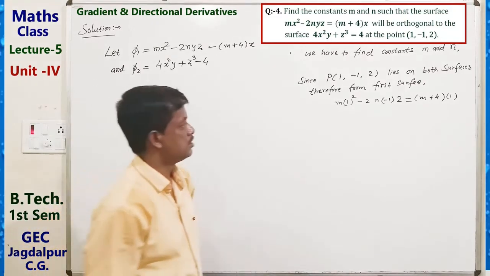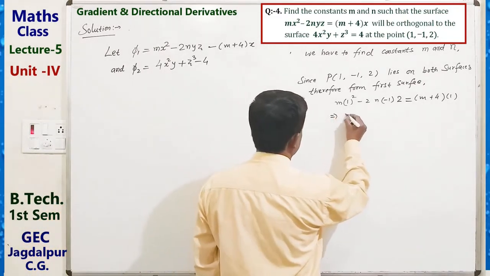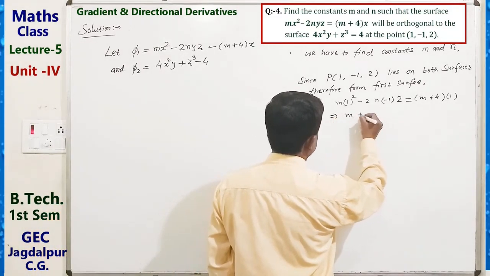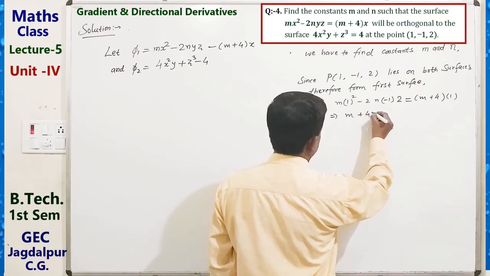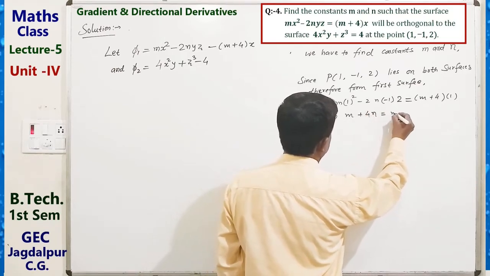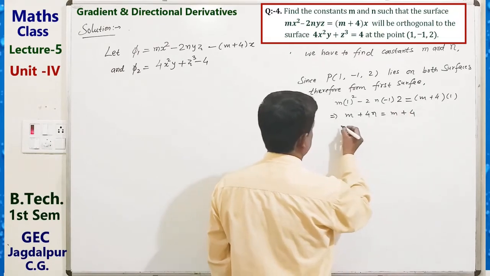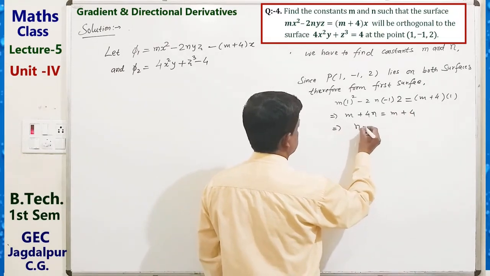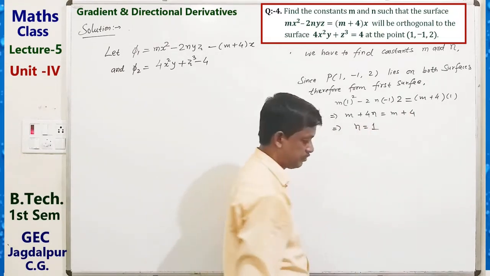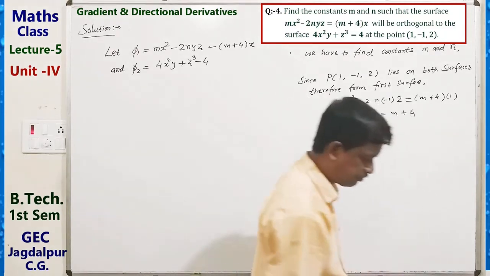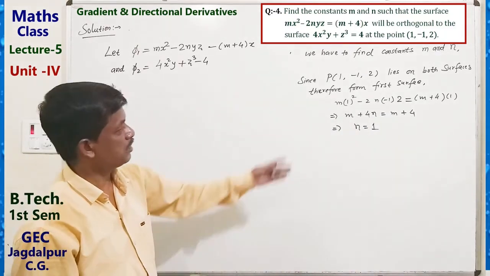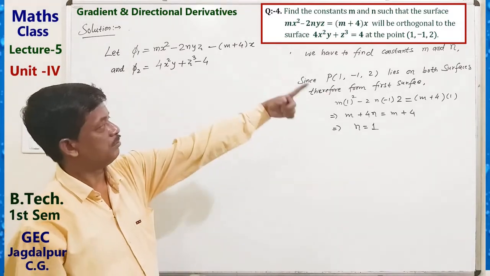So solving this, we can get m minus plus 4 n equals to m plus 4. So here n equals to 1. Just one constant we got by one relation.